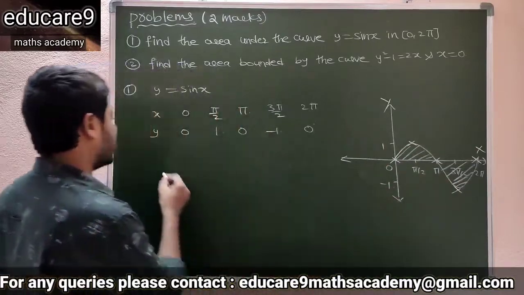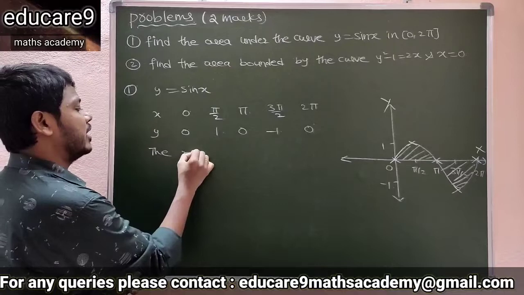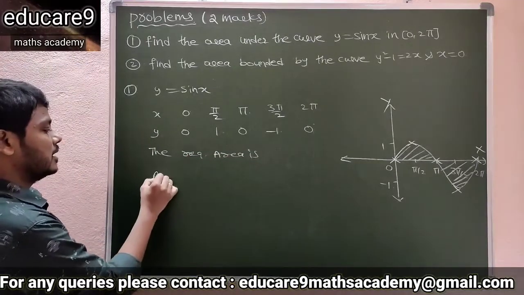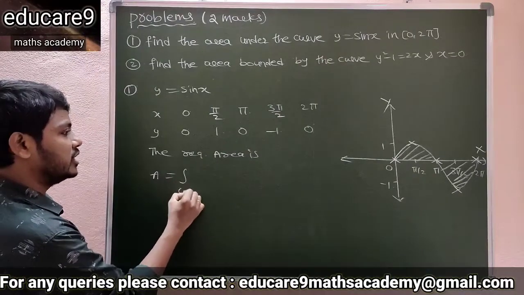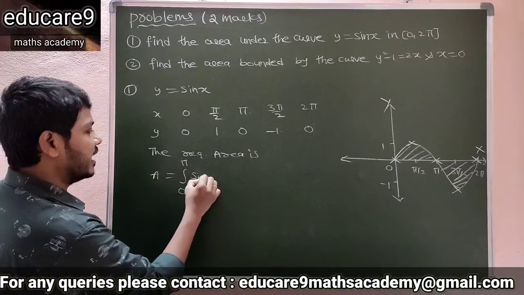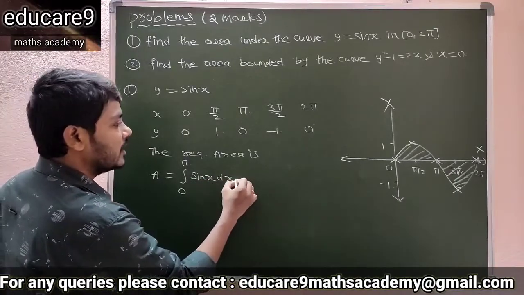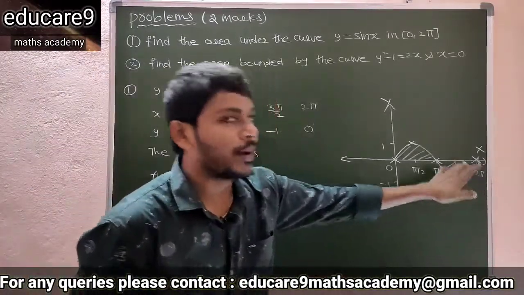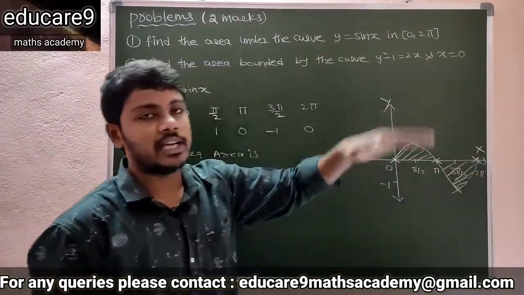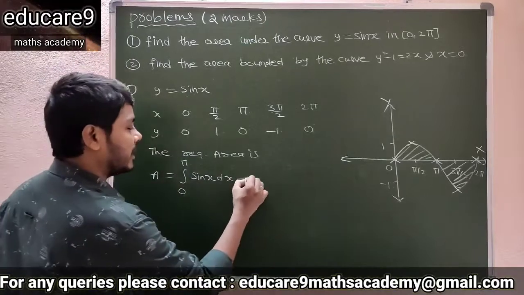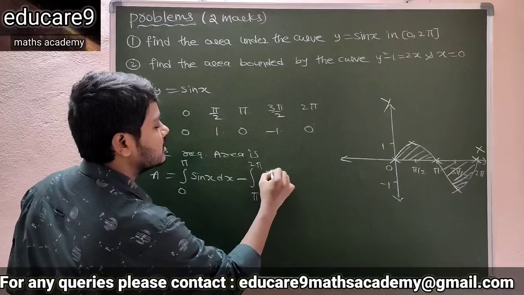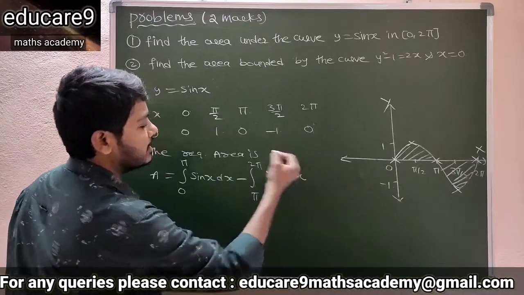So therefore the required area A is equal to integral 0 to pi f of x dx, that is sin x dx, and between the interval pi to 2 pi the graph lies below the x-axis. So write minus integral pi to 2 pi sin x dx.